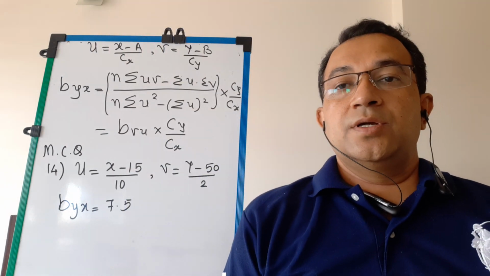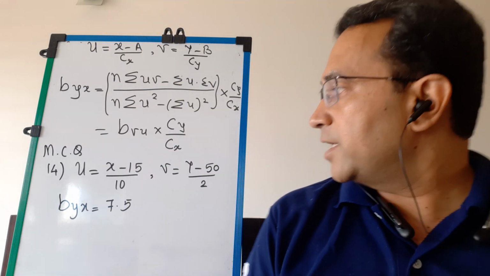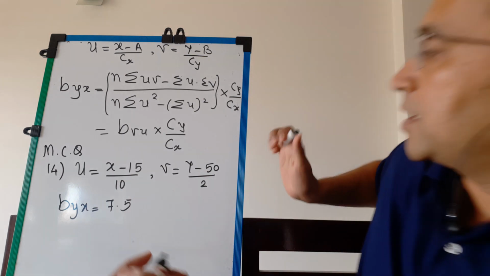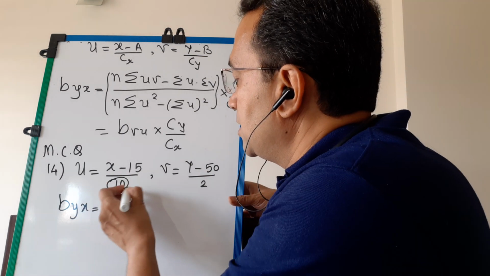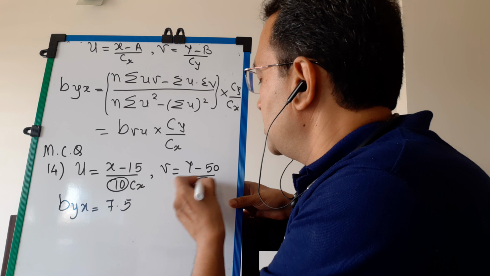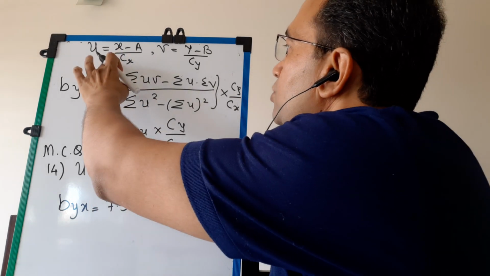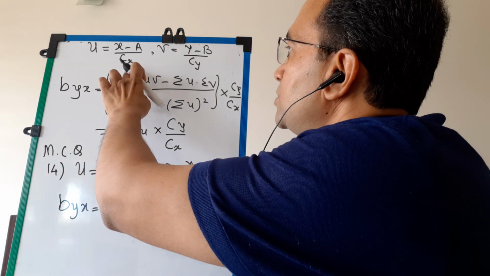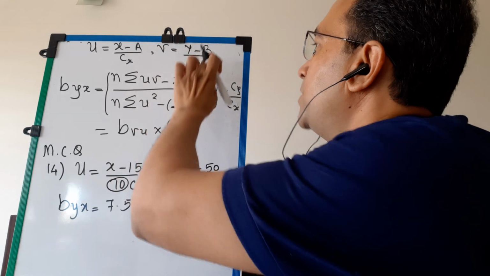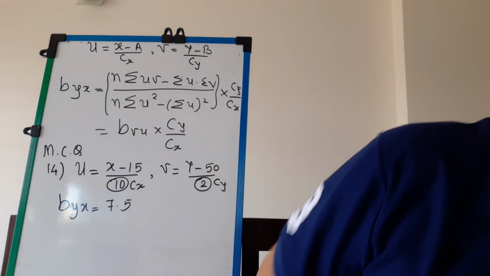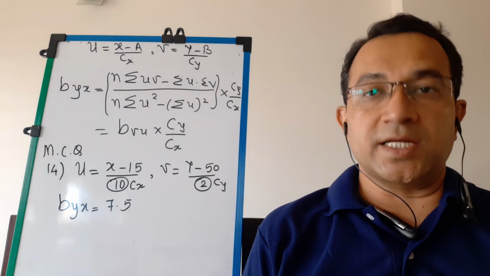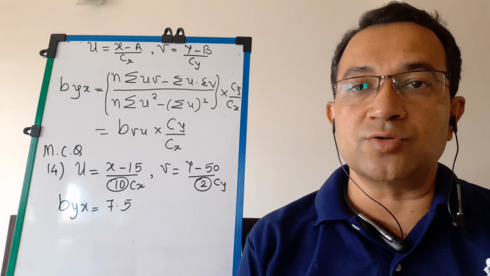Okay, students, so check the given data. If I compare this with the formula, this is cx and this is cy. u is equal to (x − a)/cx, v is equal to (y − b)/cy. So the division number for u is cx and for v is cy.